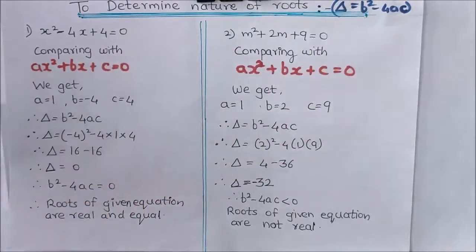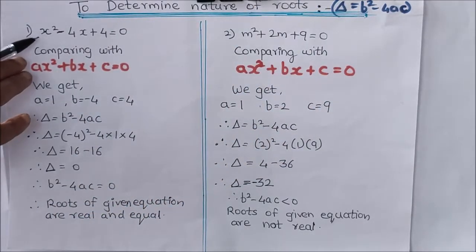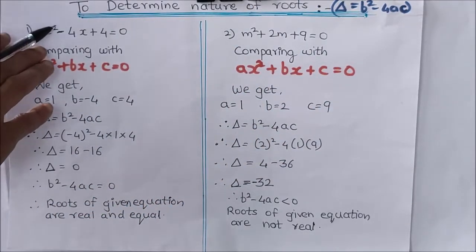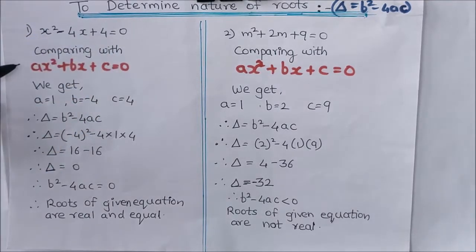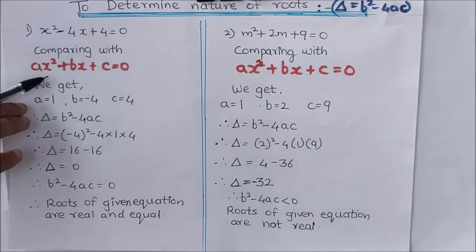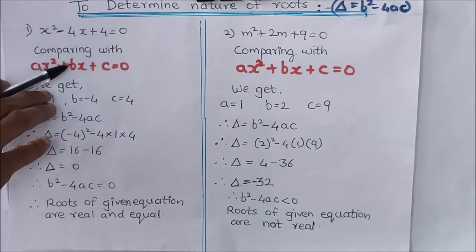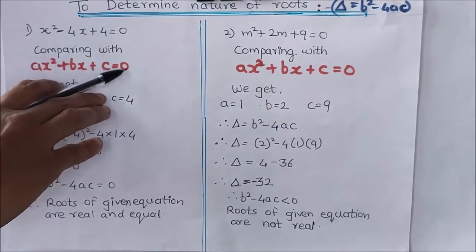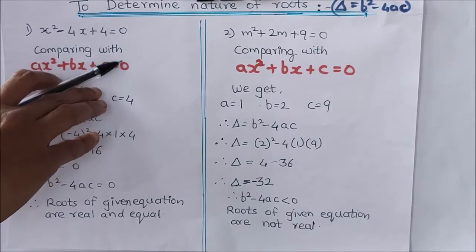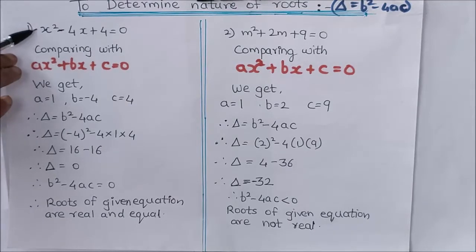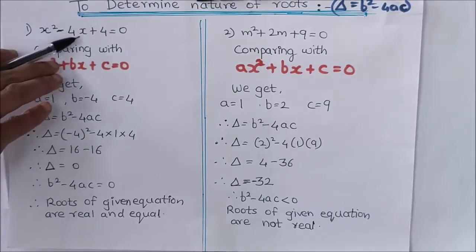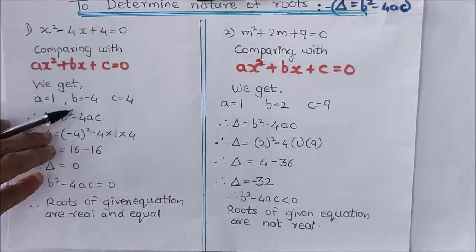Now we will see how to determine the nature of the roots. The given quadratic equation is x square minus 4x plus 4 equals 0. Comparing with the general form ax square plus bx plus c equals 0, we get a equals 1, b equals minus 4 and c equals 4.